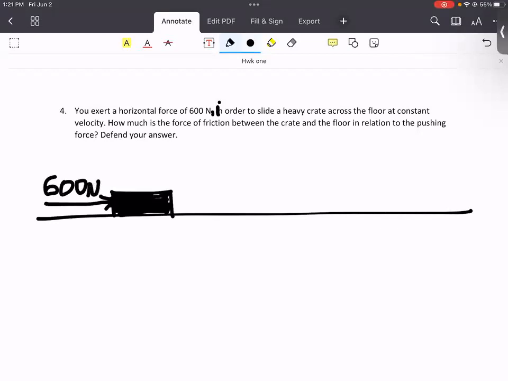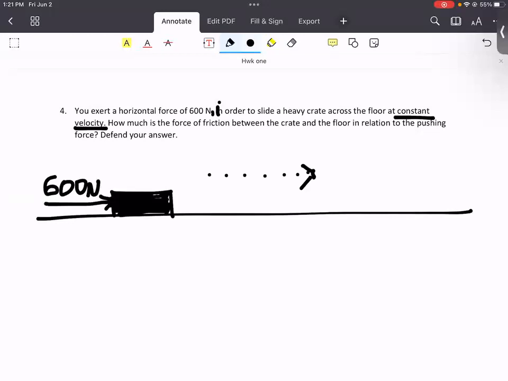So how much is the force of friction between the crate and the floor in comparison to the pushing force? The hint here is constant velocity. If the box is moving at a velocity that is constant, then we are sure that there are balanced forces acting on the crate.